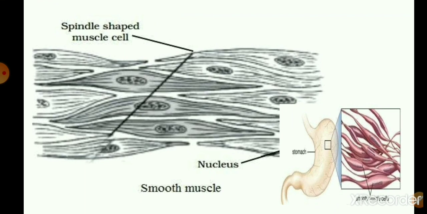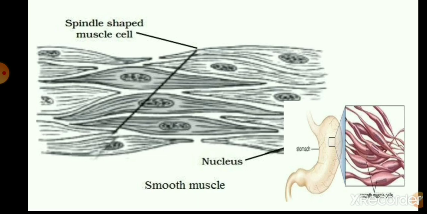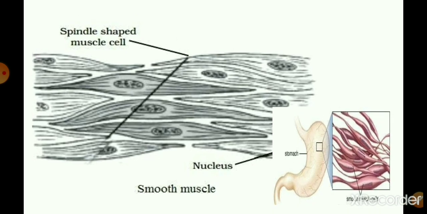And they are present in our internal organs, as I just said: the wall of the arteries, veins, then the esophagus and the alimentary canal, that is esophagus, stomach, and all the parts of the alimentary canal. There you find these smooth muscles present. The iris of the eye, the ureter, the bronchus, they all have these smooth muscles. So that's about the smooth muscles.